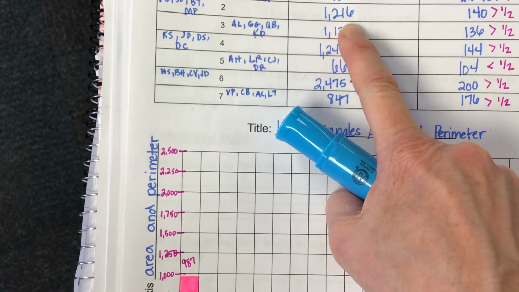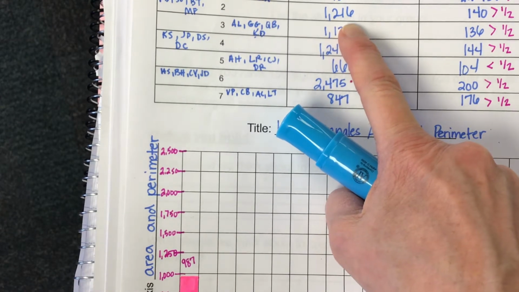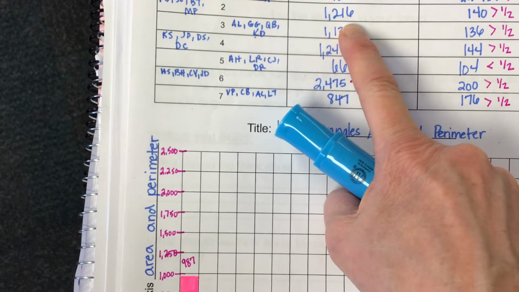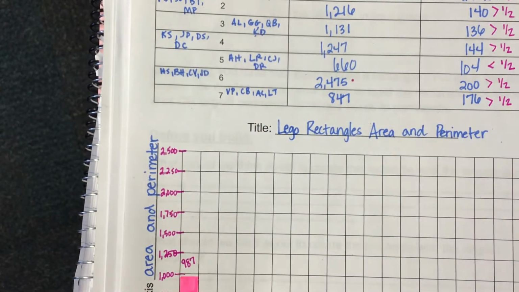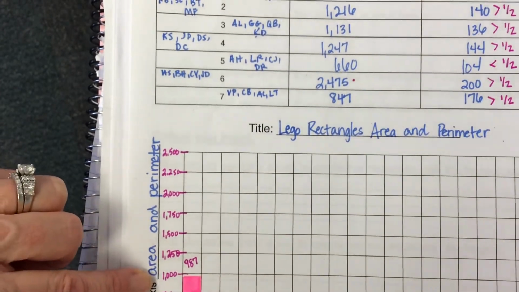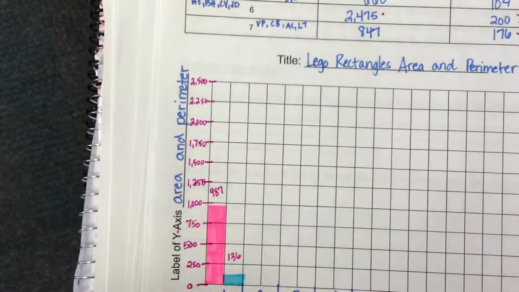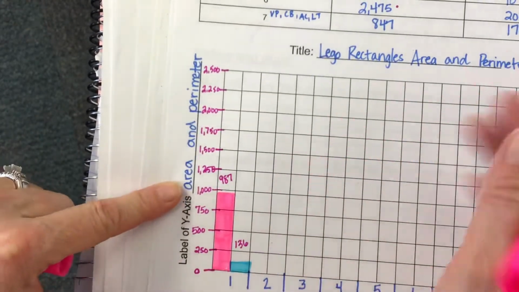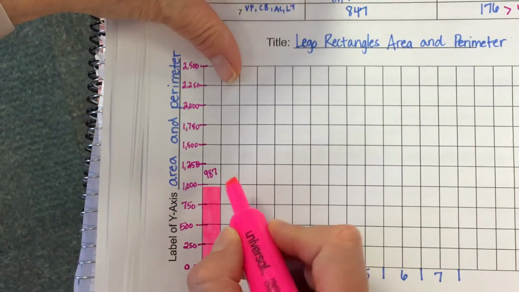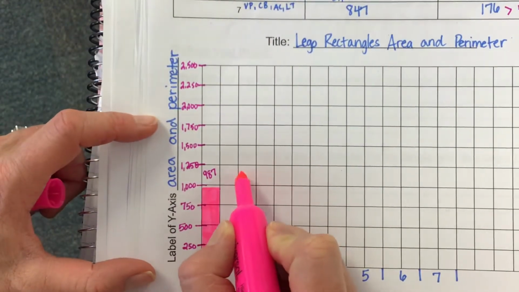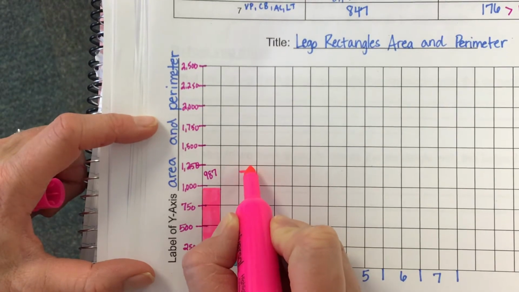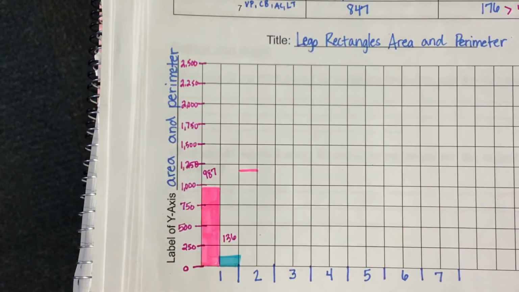No. 216 and 125, which is bigger? 216. So it's a little more than halfway between 1,000 and 1,250. So 1,000, this would be 1,125. So this, it's about 3/4 of the way.